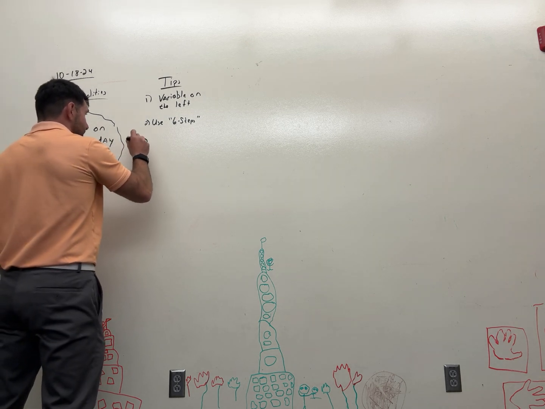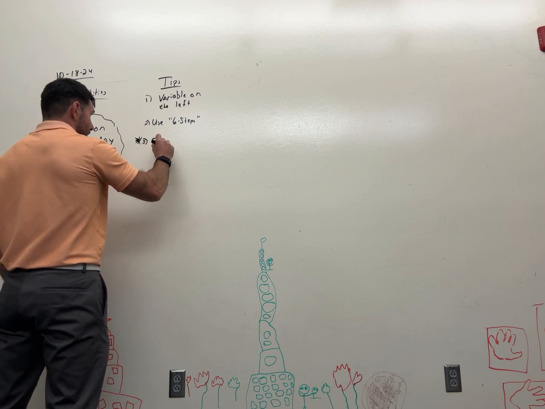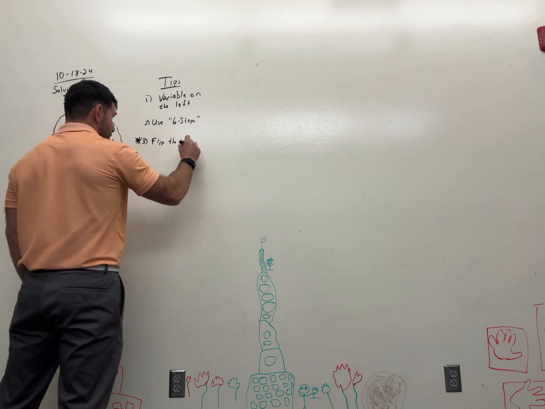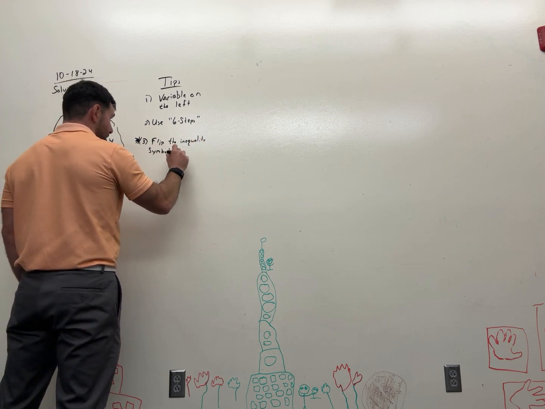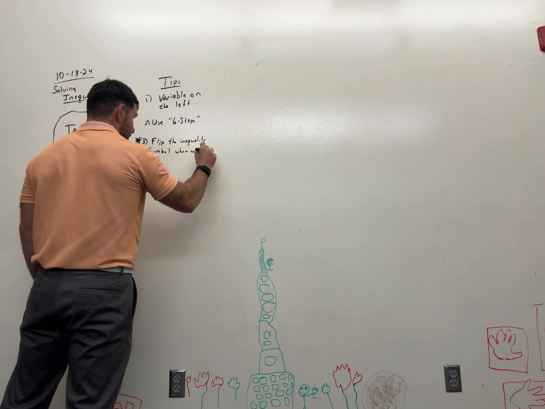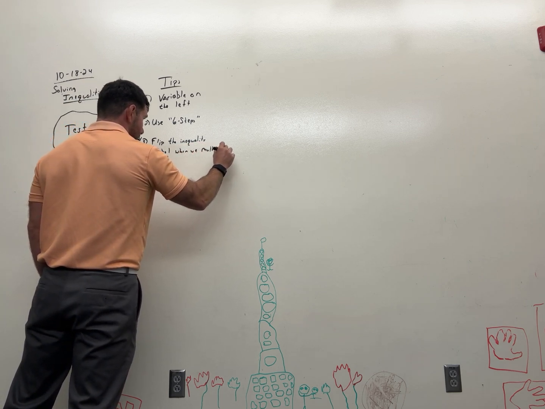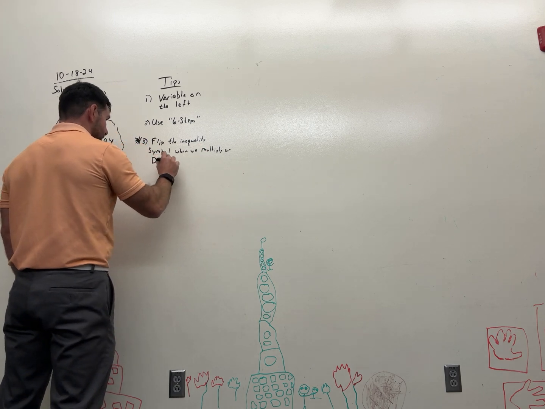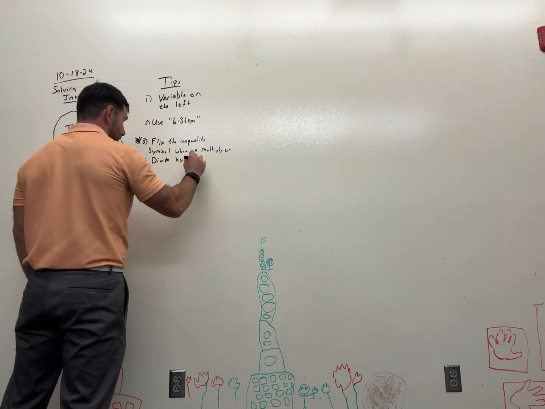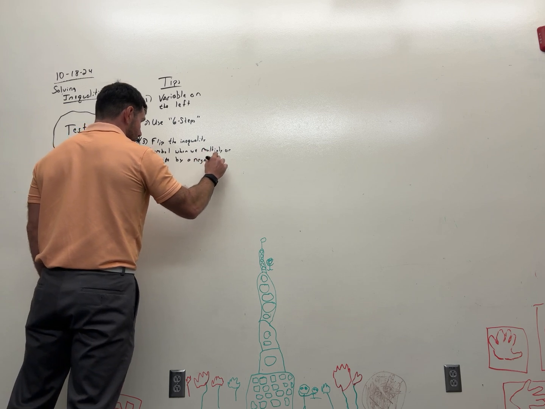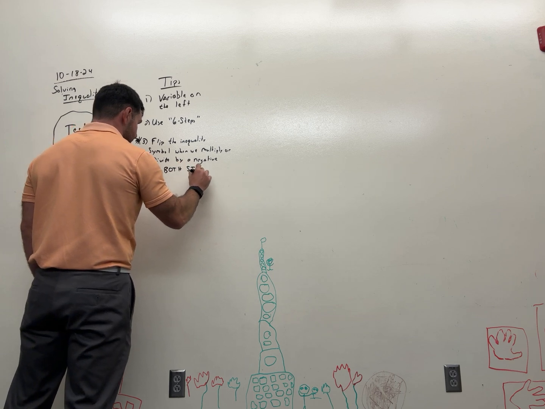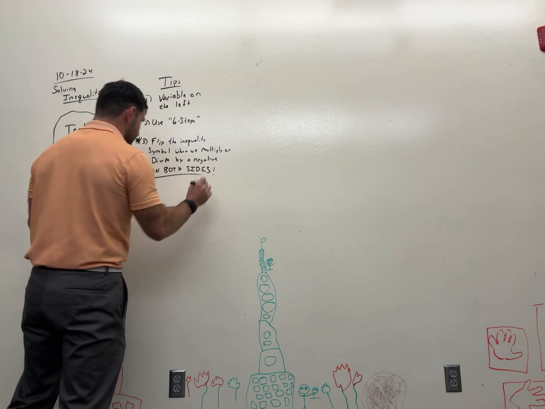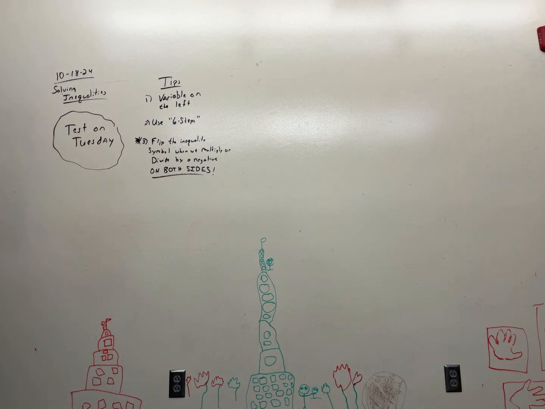Tip 3 really isn't a tip. This is the rule. Flip the inequality symbol when we multiply or divide by a negative on both sides. Okay, the last tip.